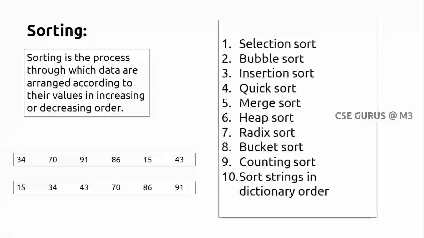So in this series of video lectures I want to cover these sorting techniques. You can see selection, bubble, insertion, quick, merge, heap sort, radix sort, bucket sort, counting sort, as well as of course sorting the strings in dictionary order. That means a set of names are given, so how to sort according to the dictionary order.